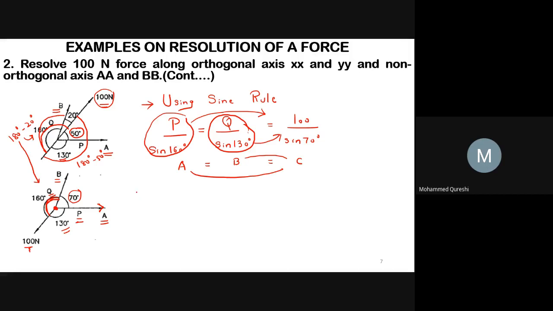So P upon sine 160 degree equals 100 upon sine 70 degree, and Q upon sine 130 degree equals 100 upon sine 70 degree. So P equals sine 160 into 100 upon sine 70, and Q equals sine 130 into 100 upon sine 70.